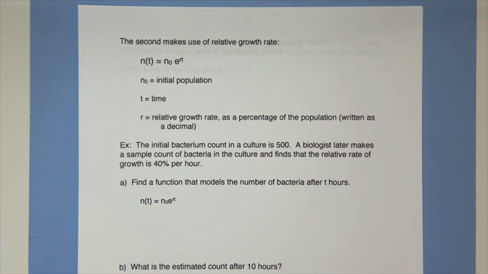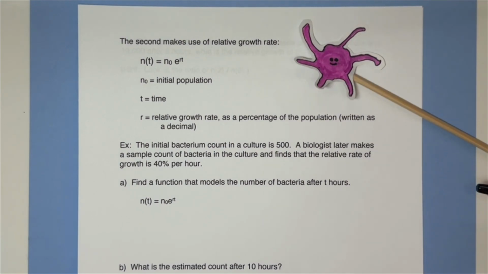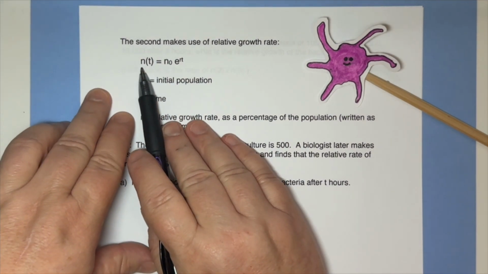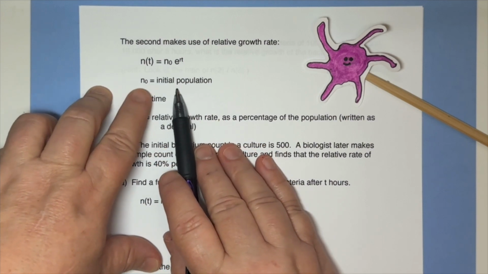And e fits the shape of exponential growth really well. It's a really good model for exponential growth, like bacteria.